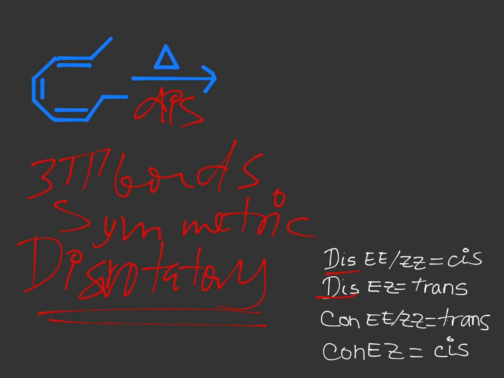Here we have an E and a Z, and according to the table, we're gonna get a trans product, of course with the enantiomer.